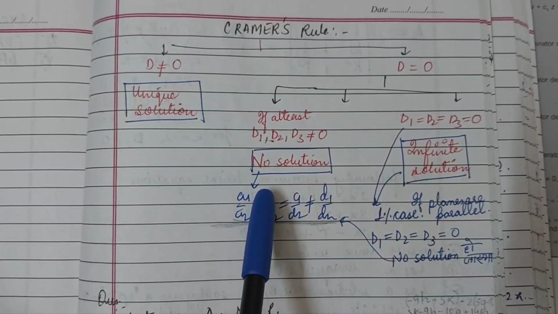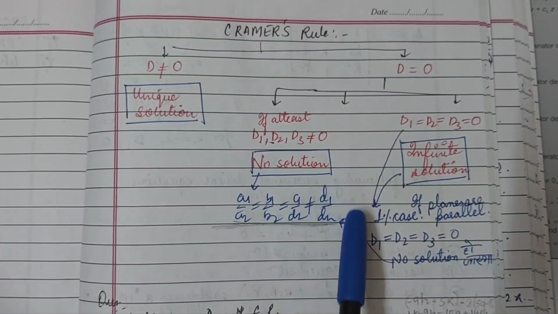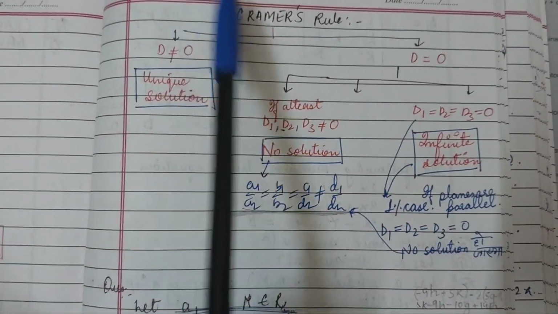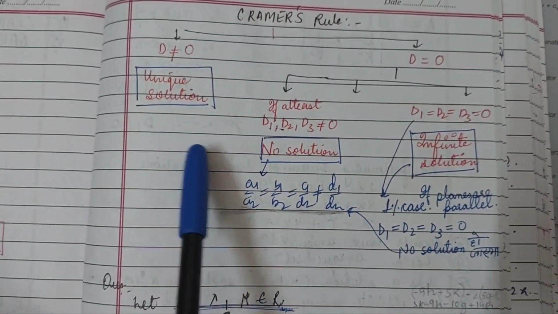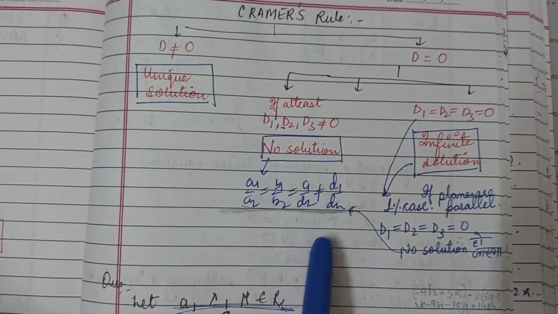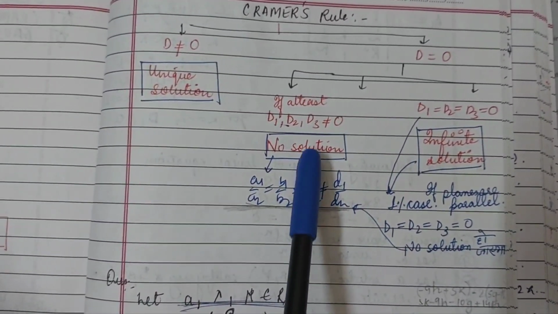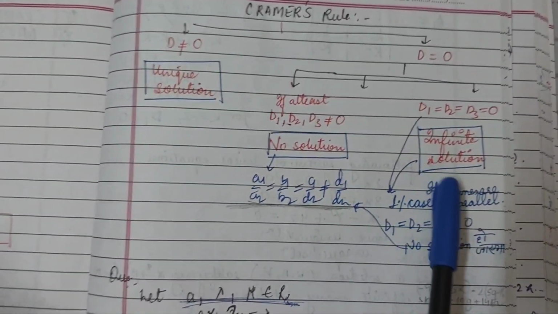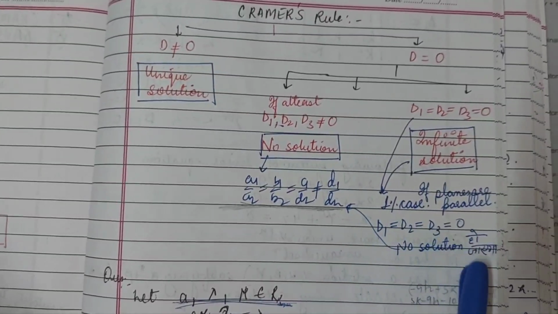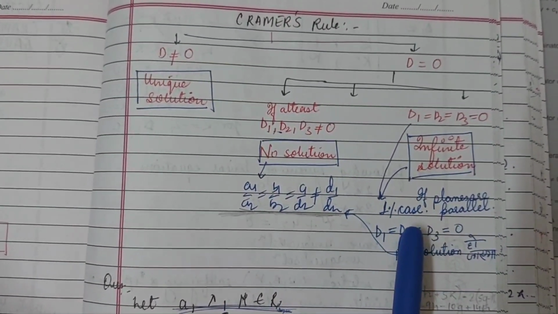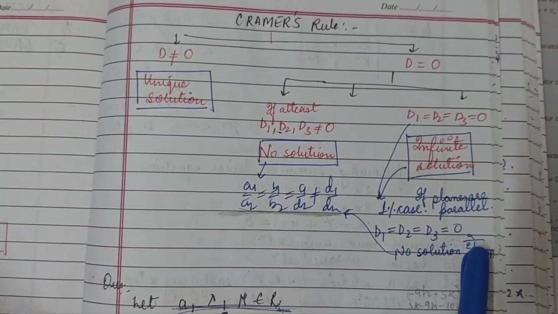In the case of no solution, whatever the equations were, like three equations, you make a determinant out of these equations. In that case, the ratio of all the coefficients is equal, but not the constant one. And in the case of infinite solutions, the planes are parallel.